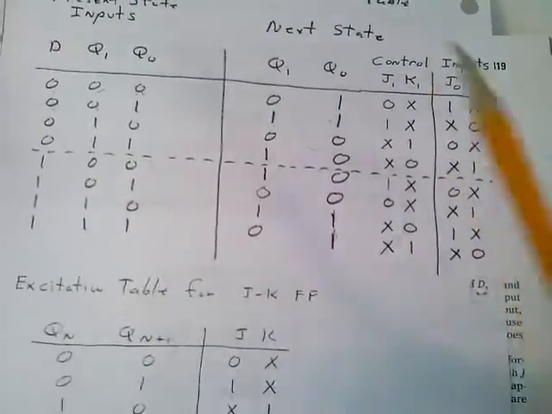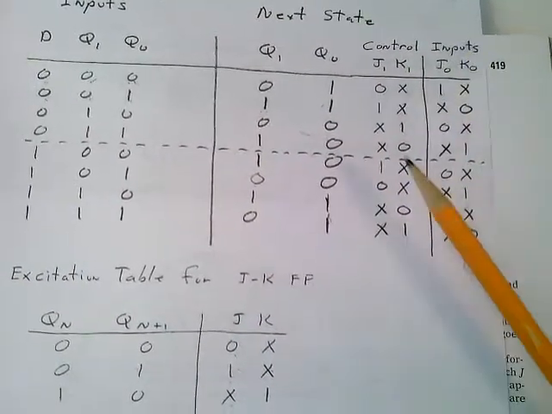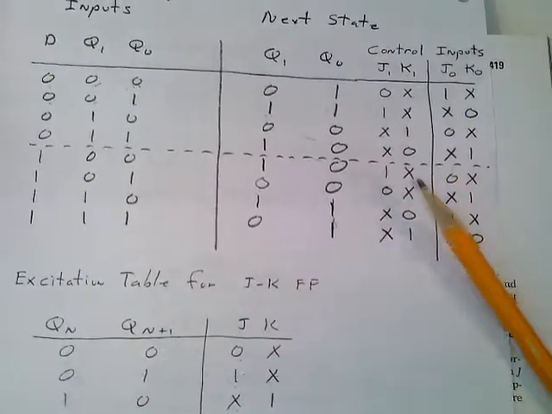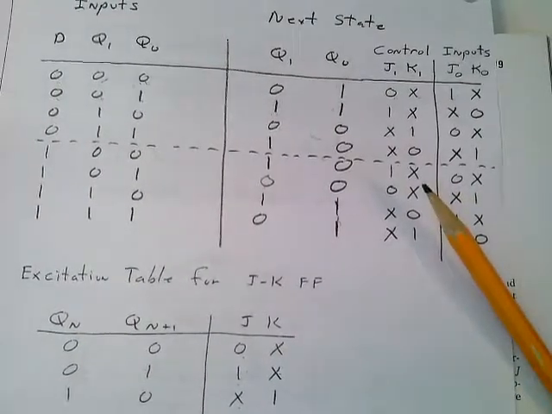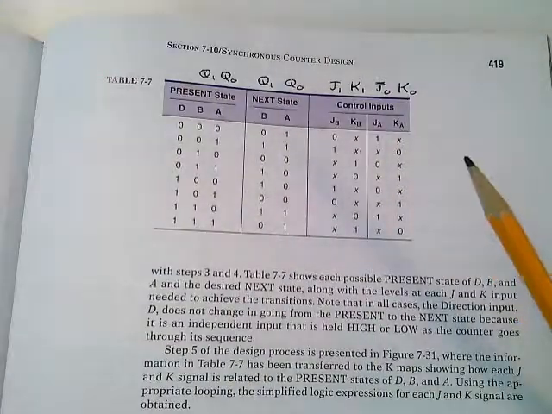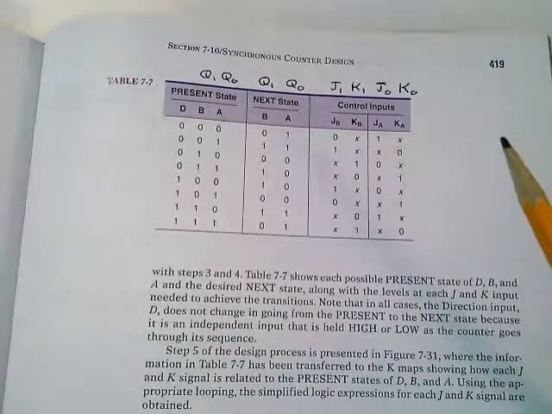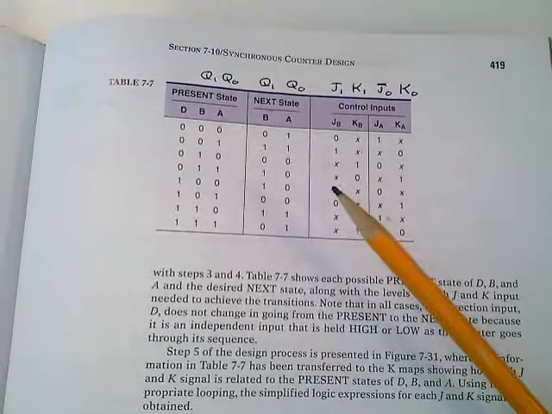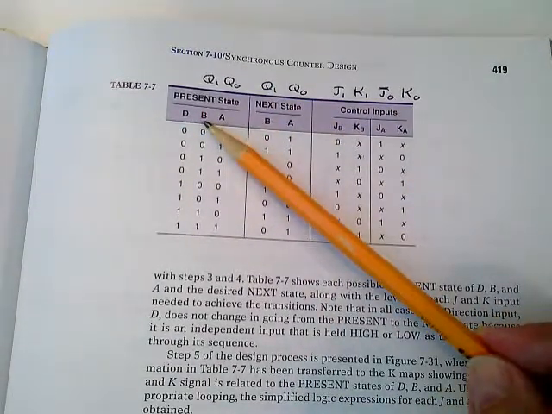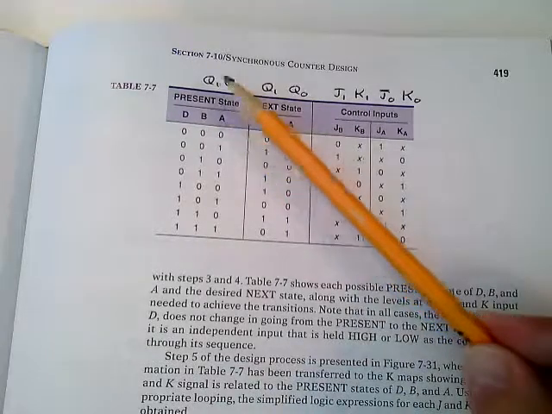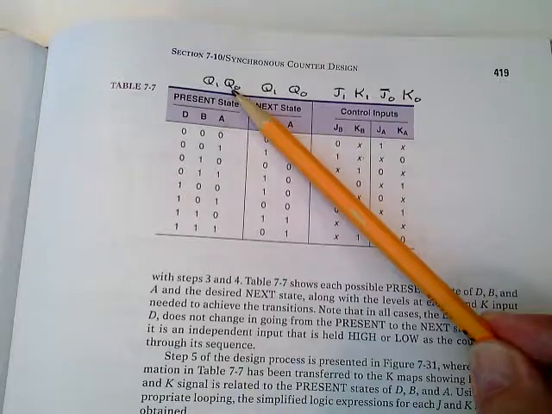Once you get this present state to next state table complete, and it includes your control inputs, you can go straight to your final output maps. And that's what we've done. If you take a look in the book, or you can take a look here, keeping in mind that in the book they use flip-flop B and flip-flop A, and what I did is I used flip-flop Q1 and flip-flop Q0.